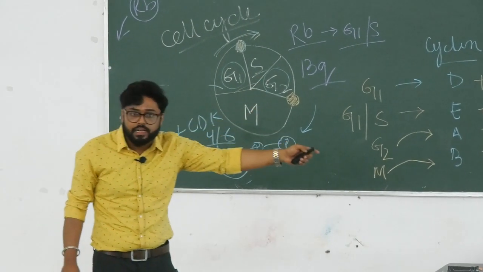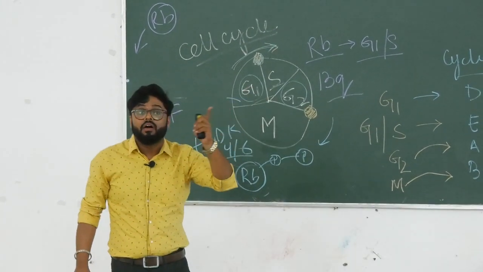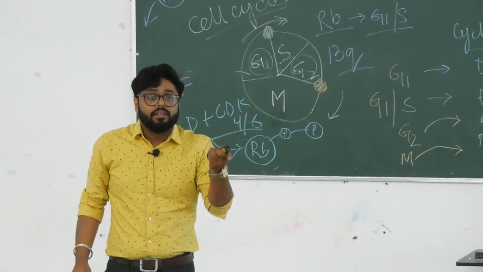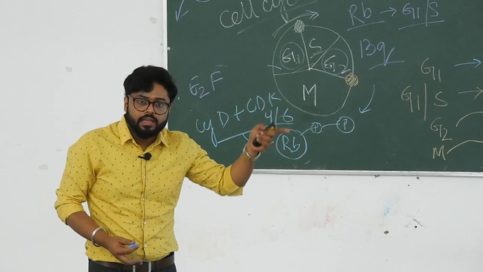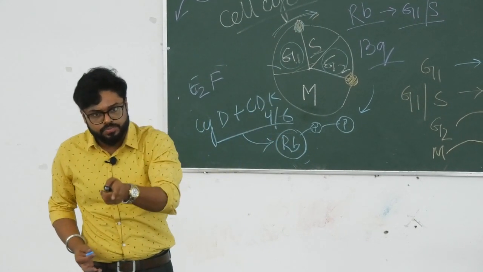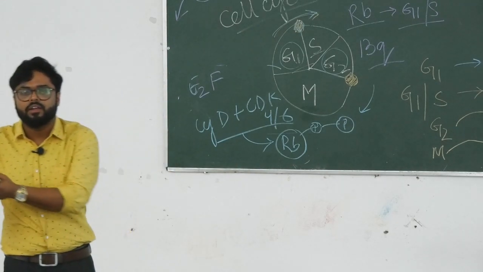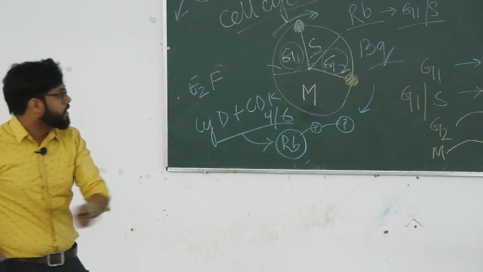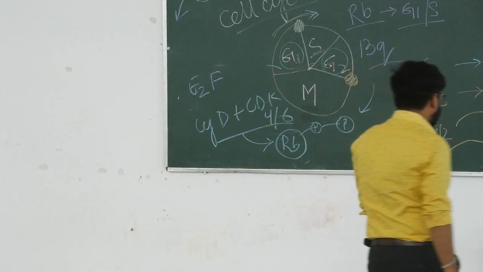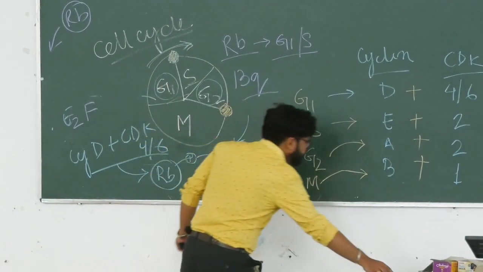If it gets activated, how does activation of retinoblastoma occur? If there is any cellular damage, the retinoblastoma gene gets hypophosphorylated. It binds to the E2F elongation factor, and E2F cannot promote activity. So there is no cell cycle progression. This retinoblastoma gene is negatively controlled.